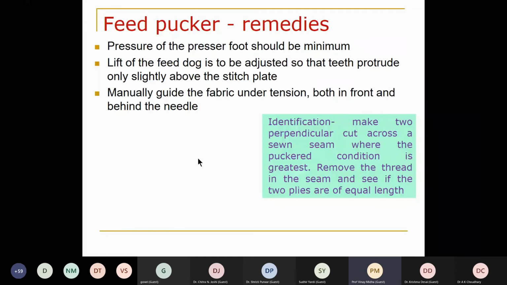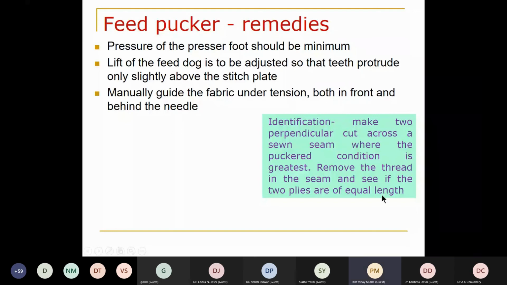The lift of the feed dog is to be adjusted so that the teeth protrude only slightly above the stitch plate, so that they simply touch the fabric, and manually guide the fabric under tension both in the front and behind the needle. And the identification of the feed pucker may take place with the help of this. Make two perpendicular cuts across the seam where the puckered fabric is there, and remove the threads in the seam and see if the two plies are of equal length.